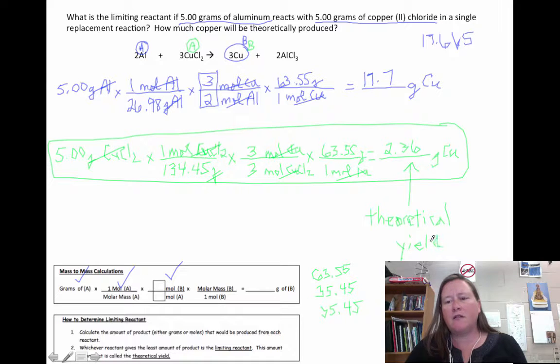Theoretical yield is 2.36 grams of copper. It's the smallest number. And if I identify this, this is my limiting reactant.